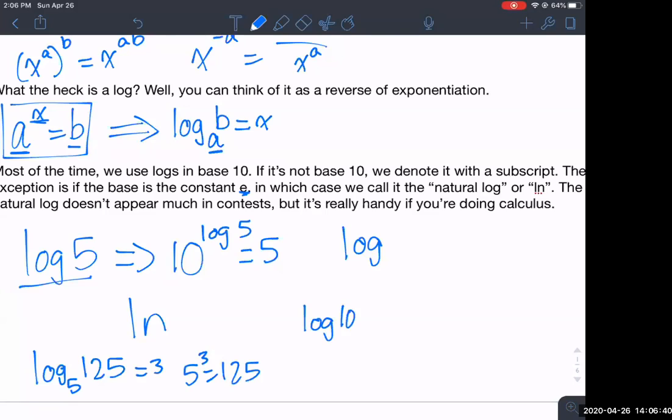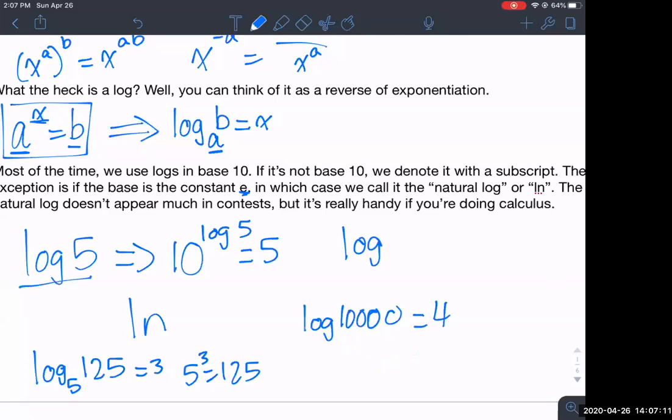Log 10,000. Well, there's no base, which means the base is going to be base 10. So we want to know 10 to the power of what gets you 10,000? That would be 4.